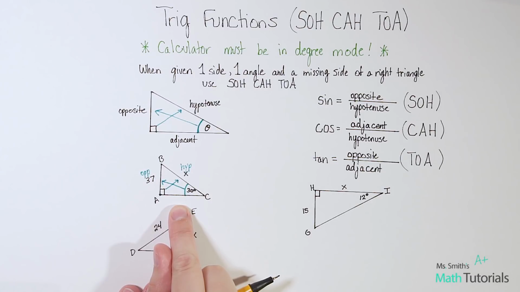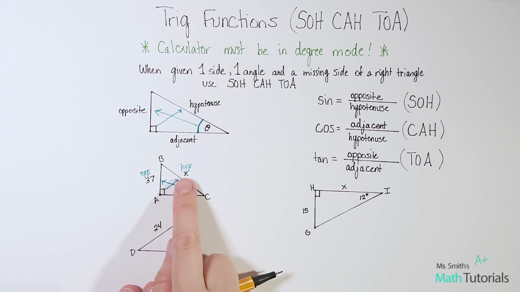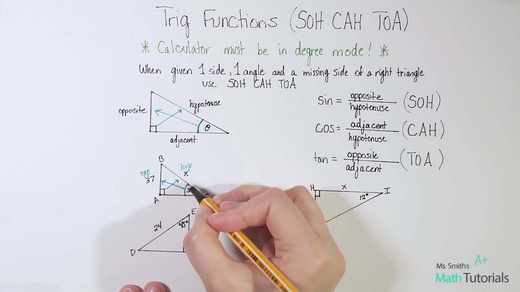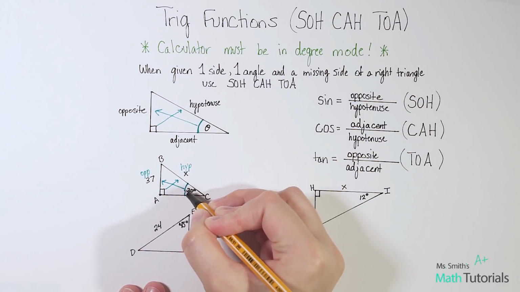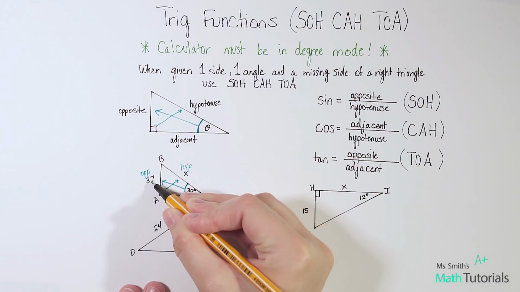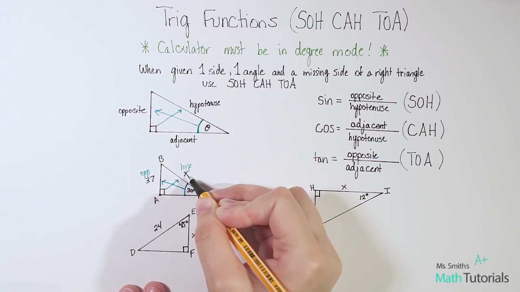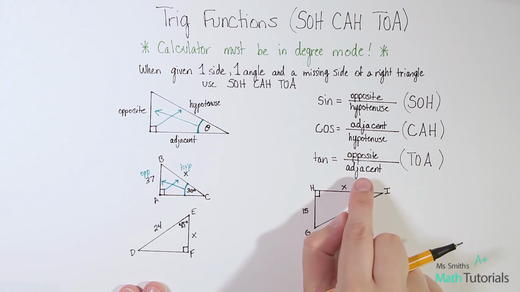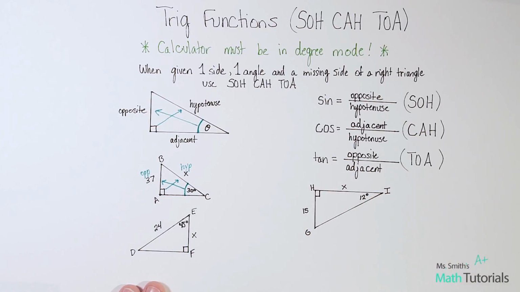Now notice they didn't give me anything for the adjacent, and they're not wanting me to find the adjacent, they just want to know the hypotenuse, so that does not help me at all. What that tells me is I need to look at what I'm given. I've been given an angle, I have been given the opposite, and I want to know the hypotenuse.